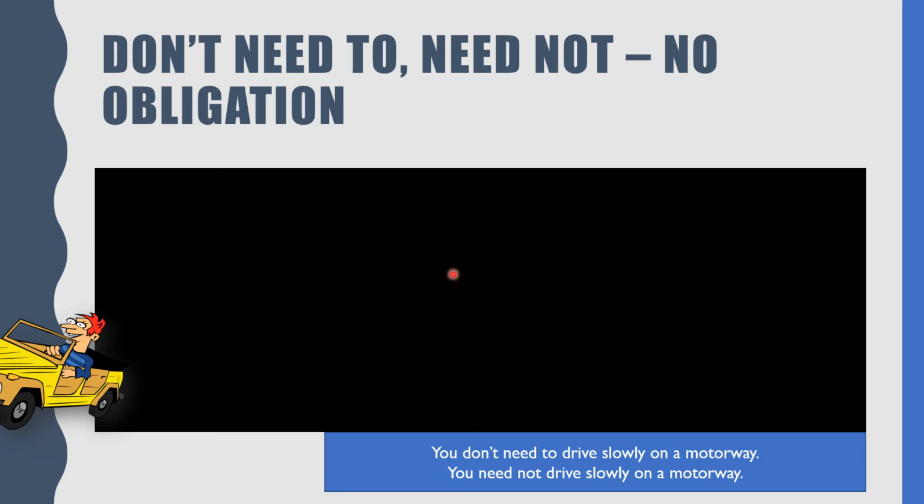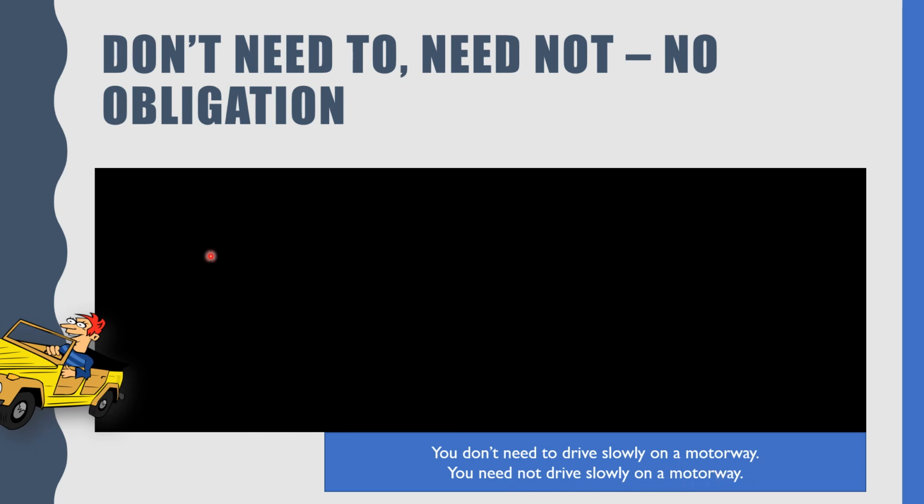If you look at this picture, the driver is driving on the highway and he doesn't have to or he doesn't need to drive very slowly on a highway. That is, you don't need to drive slowly on a motorway or you need not drive slowly on a motorway.